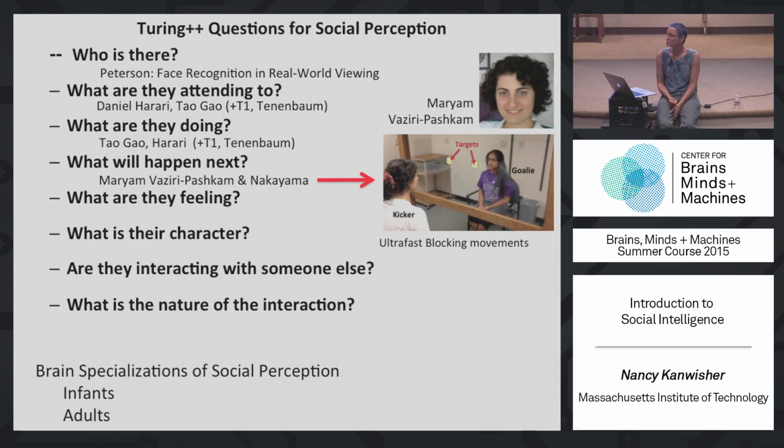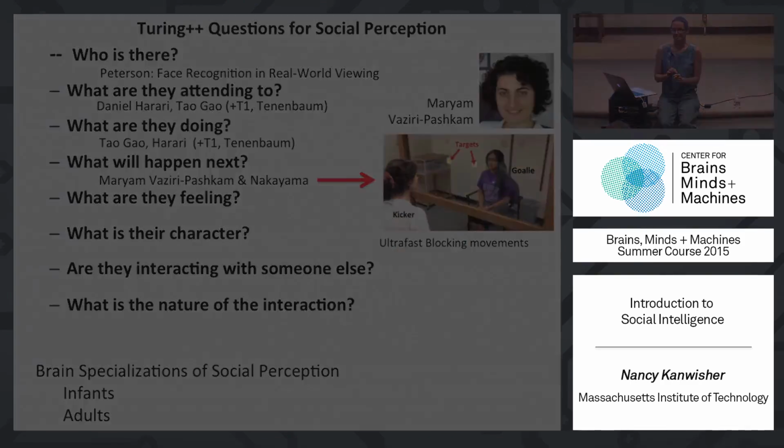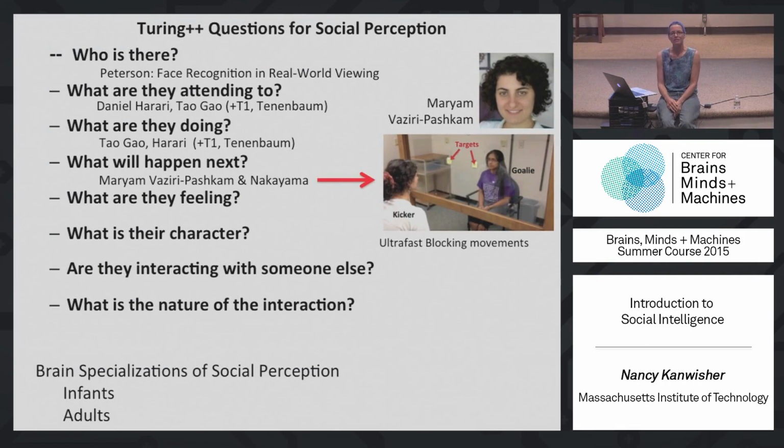And so people with no instruction and no experience whatsoever in this novel task know that this subtle little cue of the way the body is moving a little bit before the person's finger even starts to move, they can tell what it's predictive of. So that's just another way to characterize people's abilities in social perception, some of the many different things that we just see really well in other people's actions.